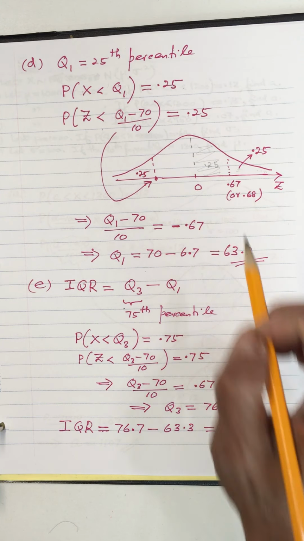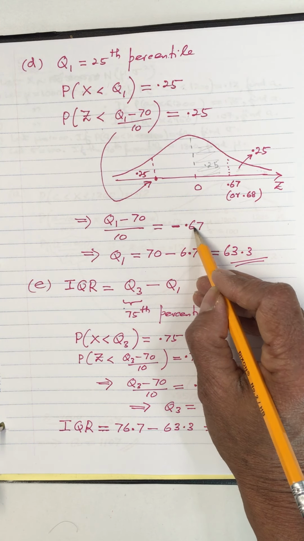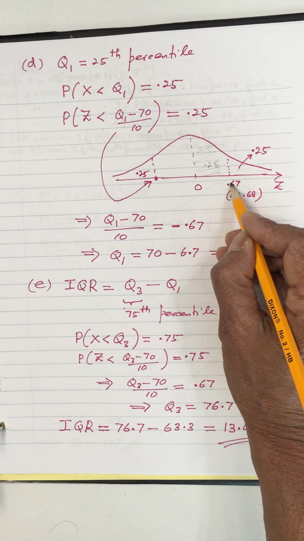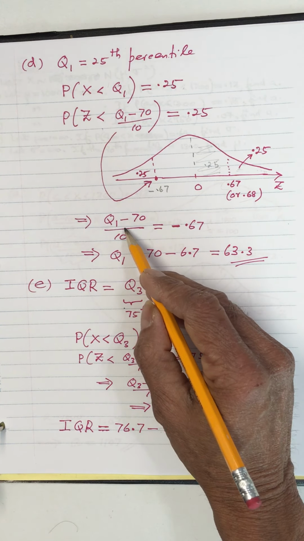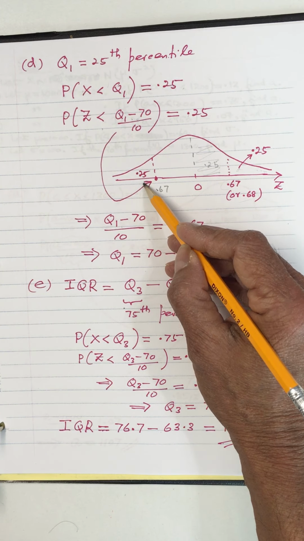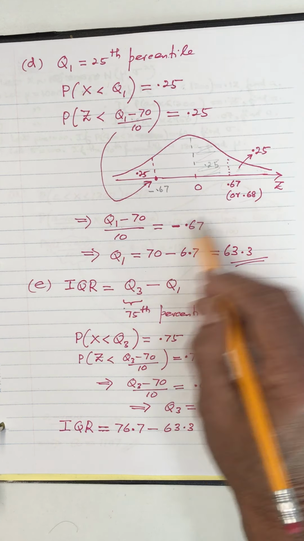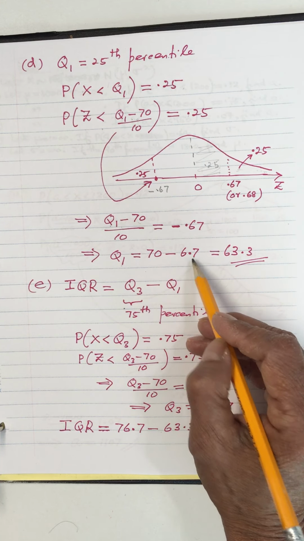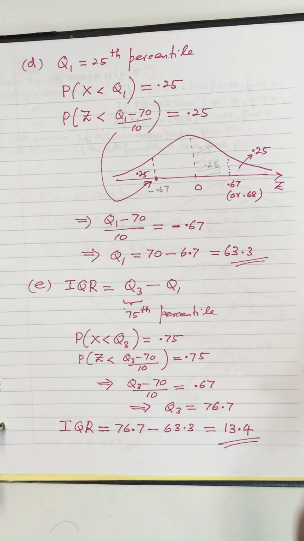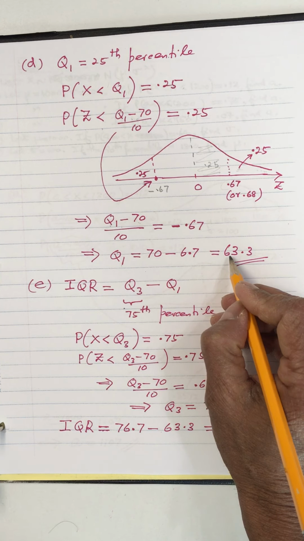Look for this value inside the Z table. This value is 0.67, but we want this, which is minus 0.67. So to find the Q1 value, cross multiply: 70 minus that is going to be 63.3. So the Q1, or the lower quartile, is going to be 63.3.